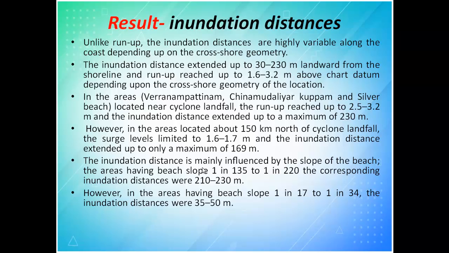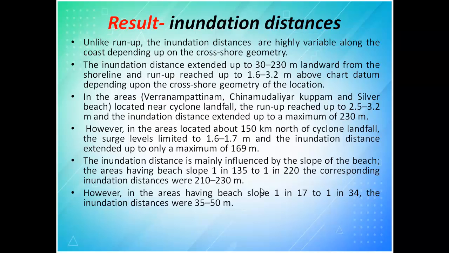So unlike run up, the inundation distances are highly variable along the coast depending upon the coastal shore geometry. Again we will conclude that it depends upon the slope angle; the disturbance is more.